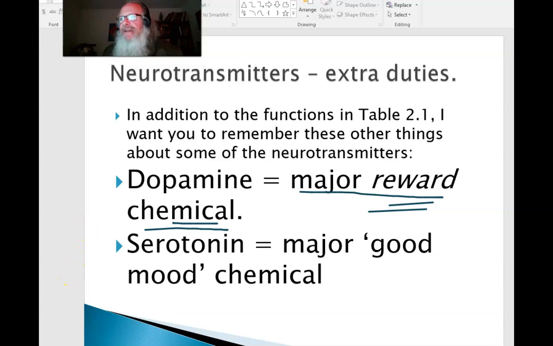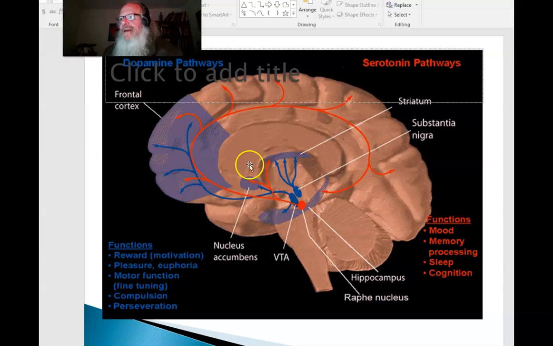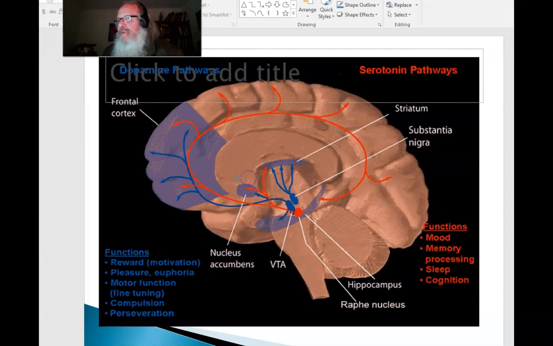And specifically, dopamine is working in this particular part of the brain that we call the nucleus accumbens.